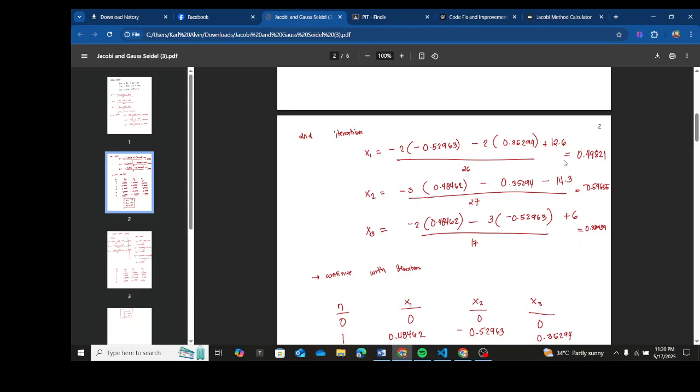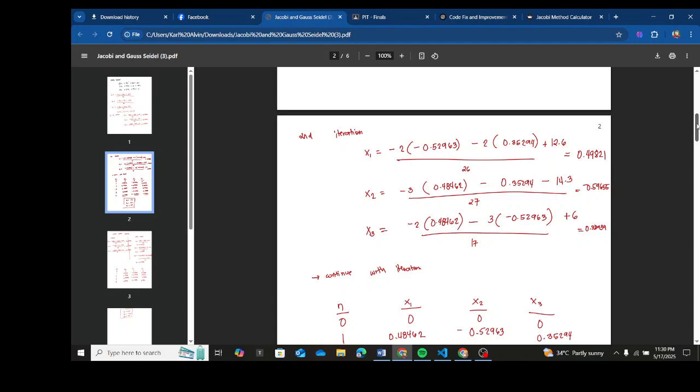Now x sub 1 has the answer 0.49821, x sub 2 has the answer negative 0.59655, and x sub 3 gives the answer 0.38939, and so on.